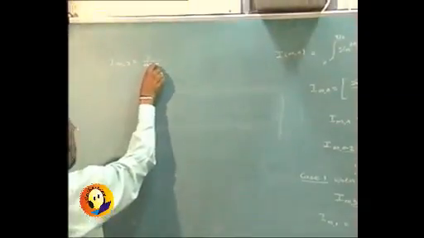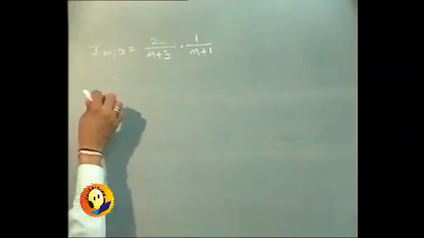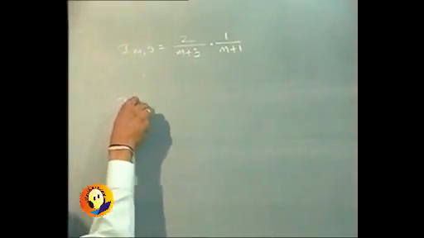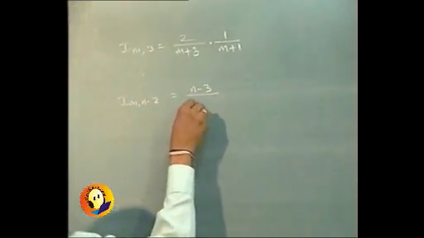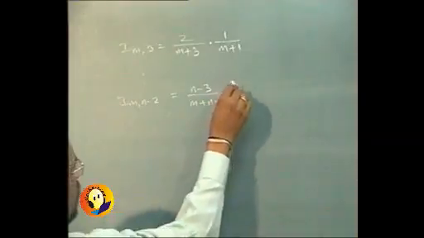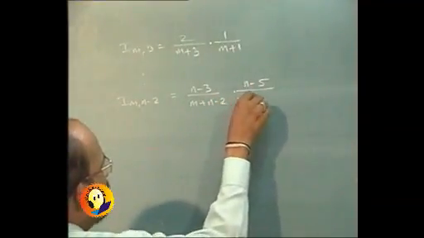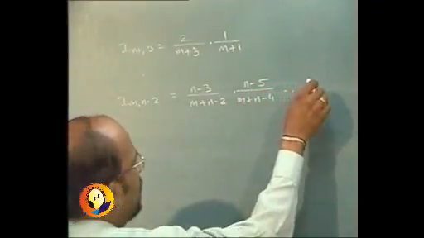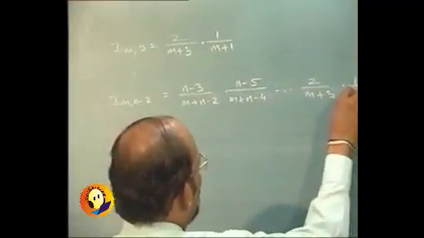So Im comma 3 in this case will come out to be 2 upon m plus 3 into 1 upon m plus 1. And if we go on substituting it, we will get Im comma n minus 2 equal to n minus 3 upon m plus n minus 2. Of course, the next term would have been n minus 5 upon m plus n minus 4, etc. up to 2 upon m plus 3 into 1 upon m plus 1.